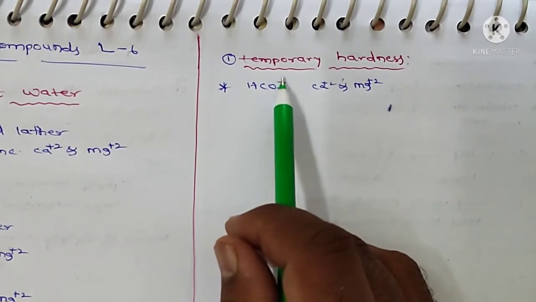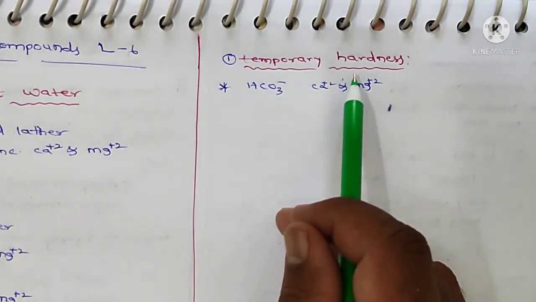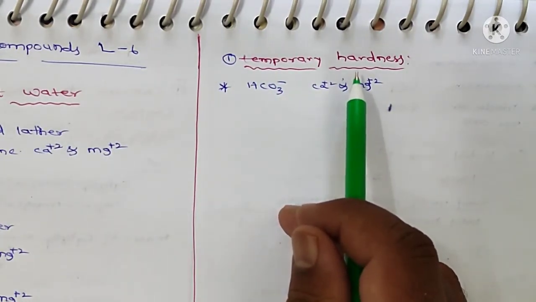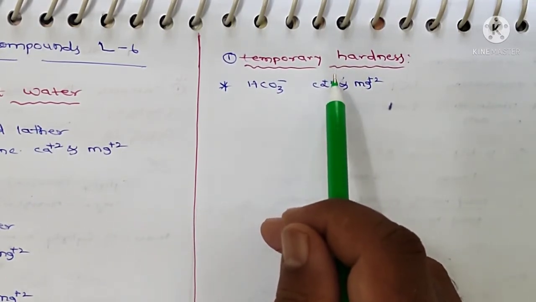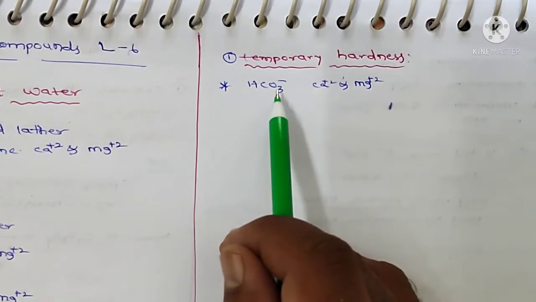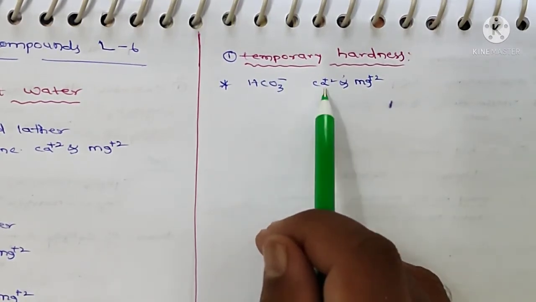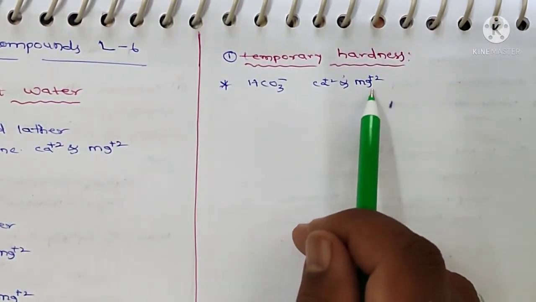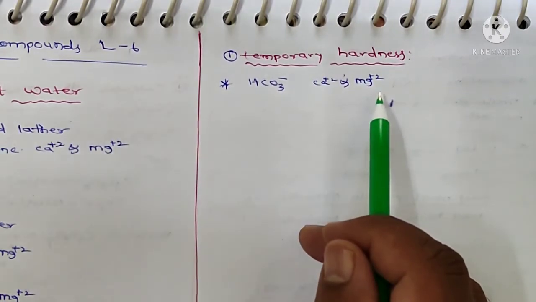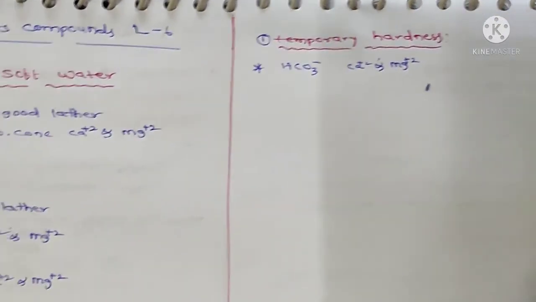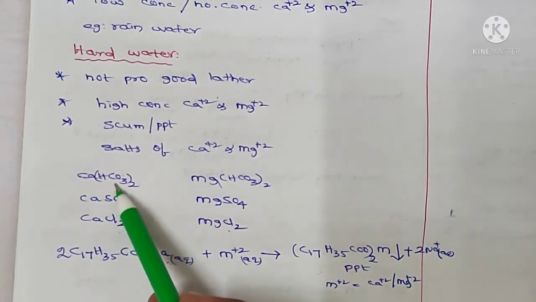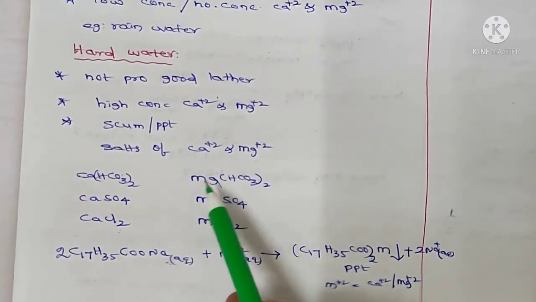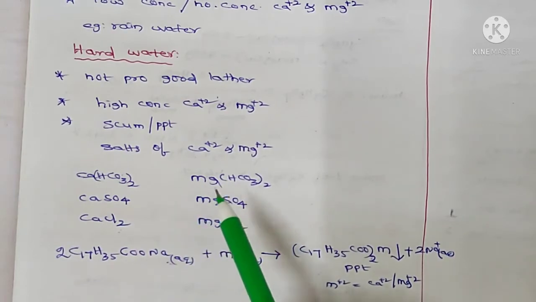Temporary hardness means the calcium bicarbonate and magnesium bicarbonate salts are present.